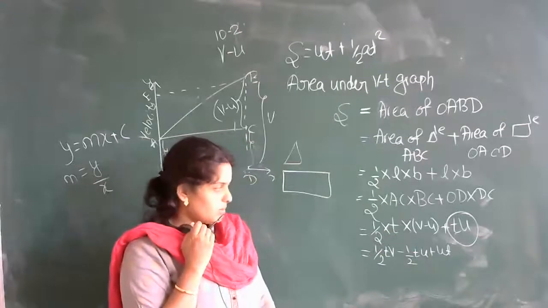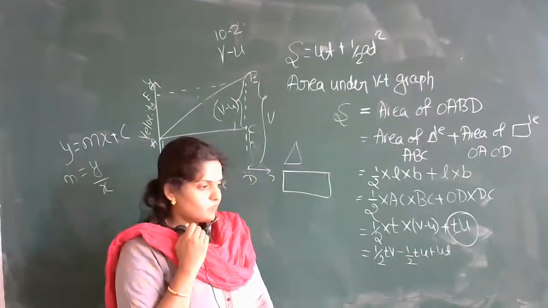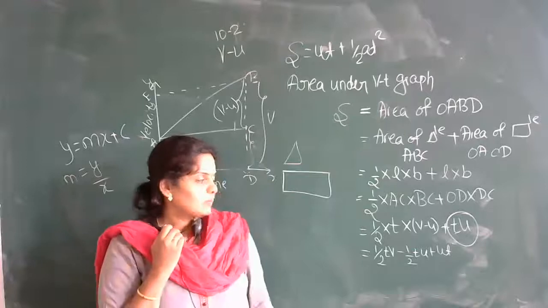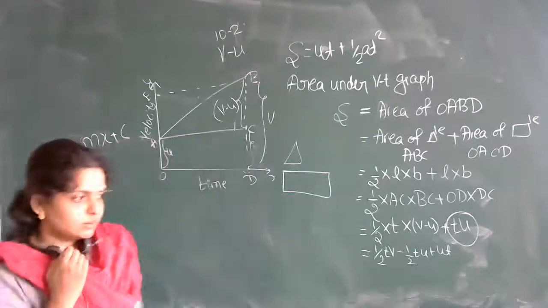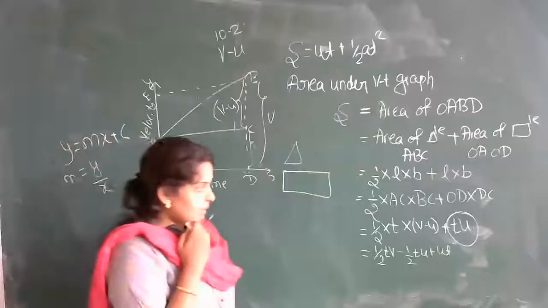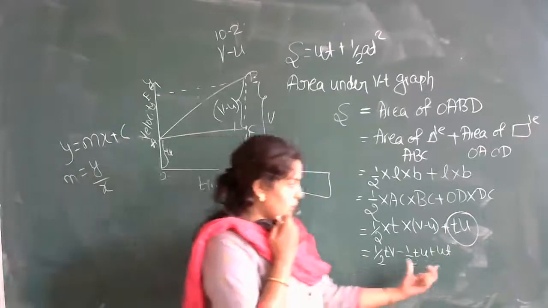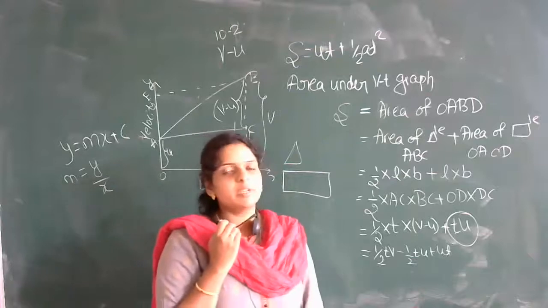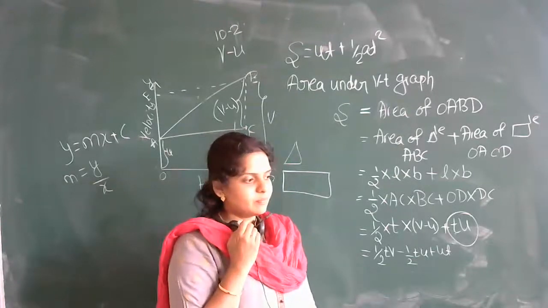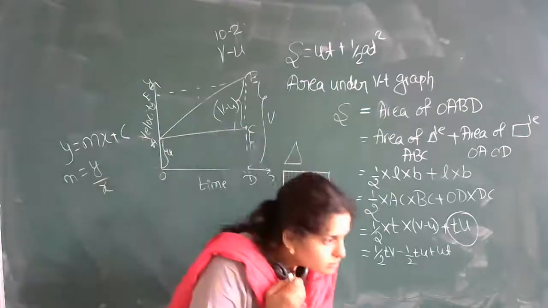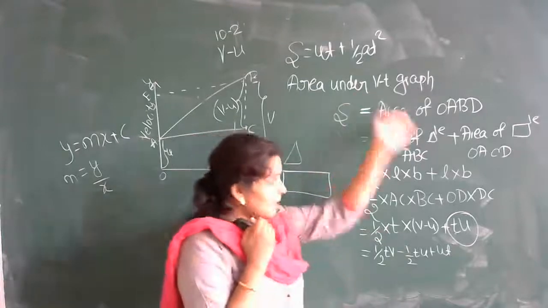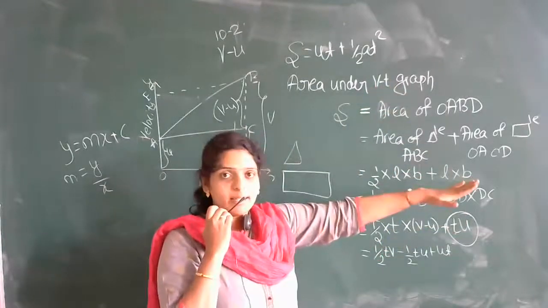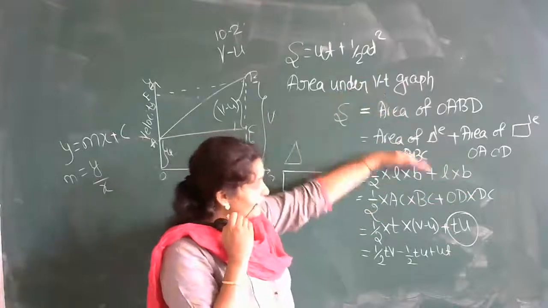Just check, everyone. Can anybody tell me what you can take out common from the second and the third term? That is the simplification here. Only that much is there. From the starting, everything is the same.